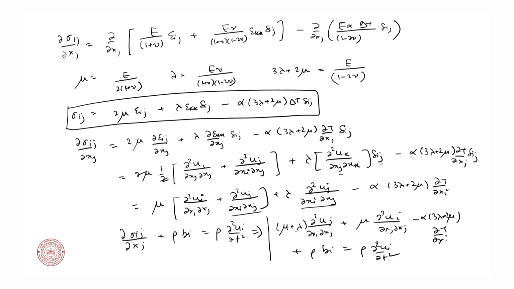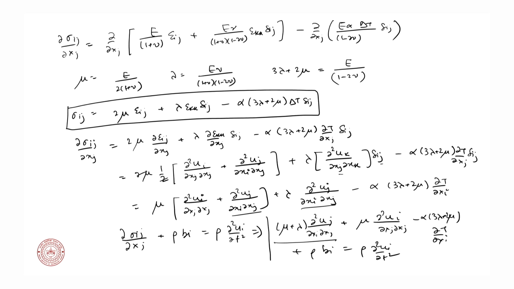So, (λ+μ) ∂²uj/∂xi∂xj, that is your first term. That is uj changing, so you are adding over ∂²u1/∂x1∂x1 plus ∂²u2/∂x1∂x2 plus ∂²u3/∂x1∂x3. So, j is repeated, so you will add over j. This is just a brief catch up of what was index notation.